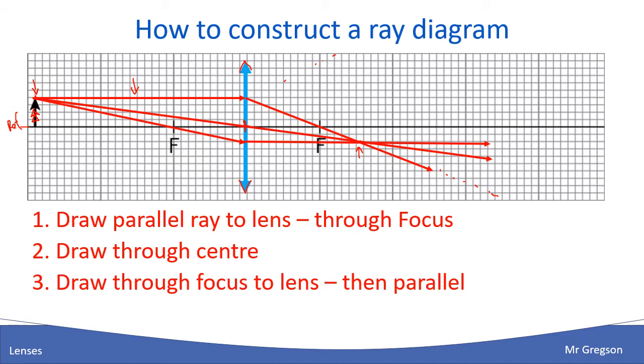Step 3, we draw our third line from the top of our Christmas tree. So everything's been from the top of the Christmas tree. Now obviously light would be reflecting off all parts of the Christmas tree, and it all has different effects. But if we pick a particular reference point, and the top makes the most sense, we'll be able to calculate everything we need. So this third line goes through the focal point on the object side of the lens.